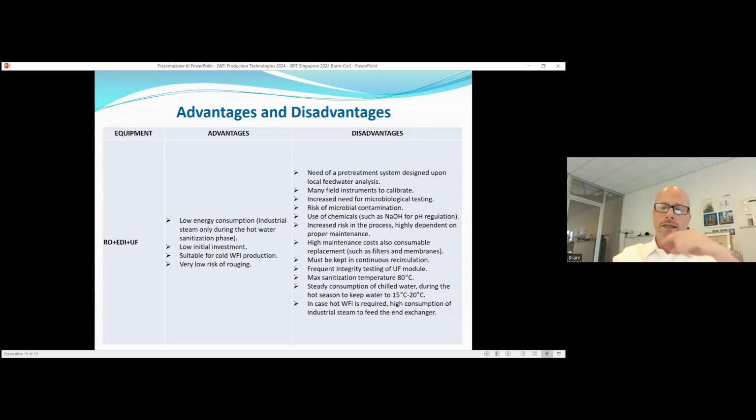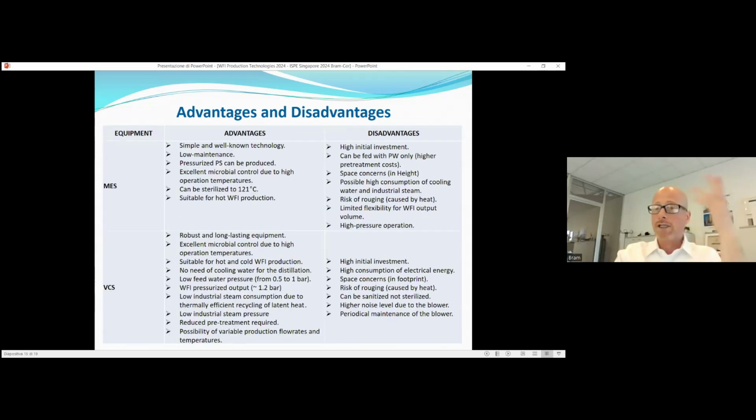So you need cooling water in the exchanger for maintaining the water cold. And clearly, if you need to heat up this WFI to high temperature, there is a quite important necessity to use industrial steam, and it is a quite high consumption.